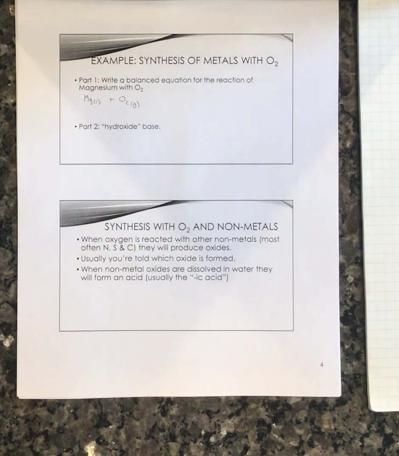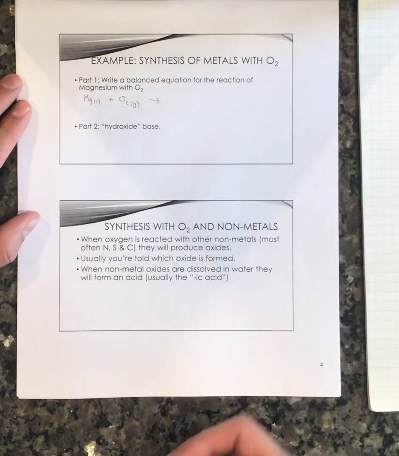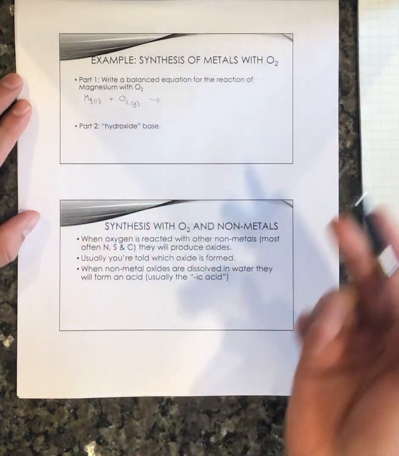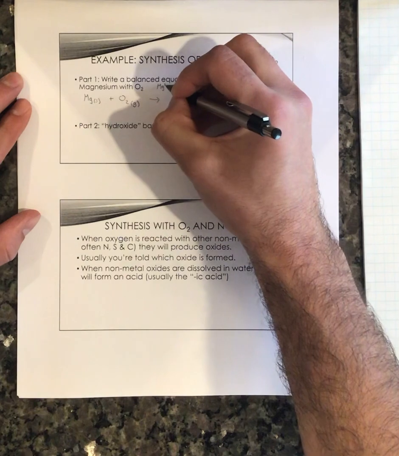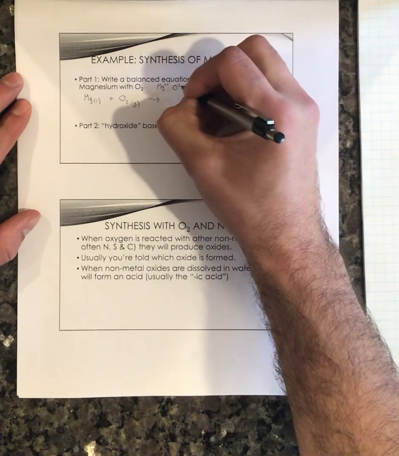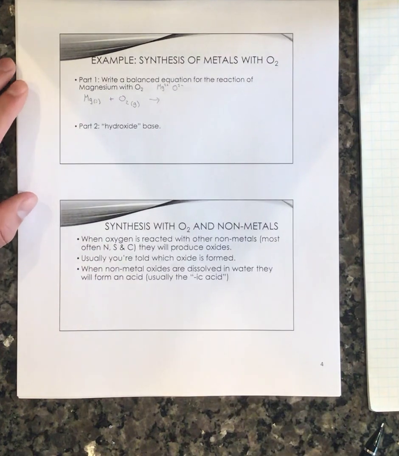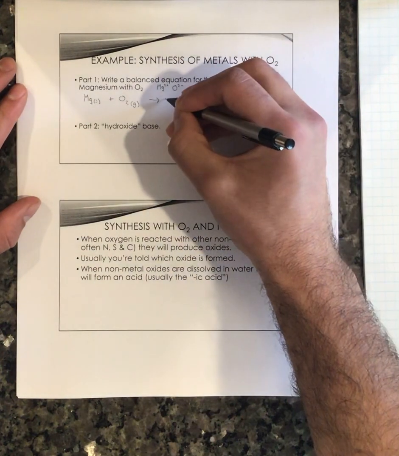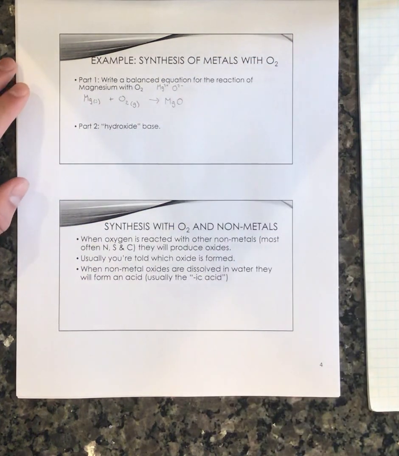So we are mixing these two here. When these two get mixed, we will be making an ionic compound. Once again, metal and non-metal. Magnesium is a 2+ charge, oxygen is a 2 negative charge. When I do the crisscross, the 2's cancel each other out, and I'm left with magnesium oxide, just like that.